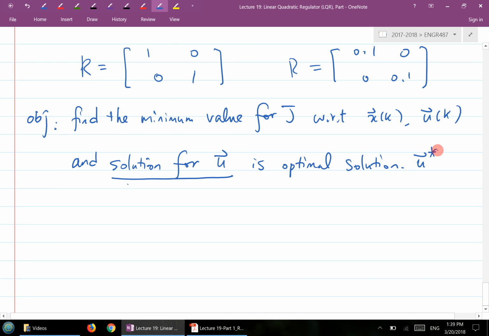And this U, as we learned in pole placement, is our negative feedback, right? So negative K times your state vector. If you find a U star, which is the solution here, basically you need to find this K to be optimal.